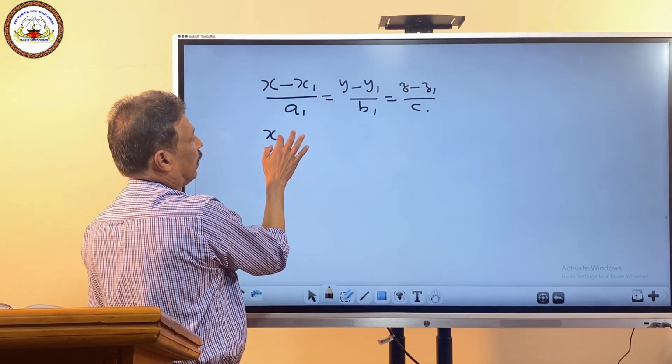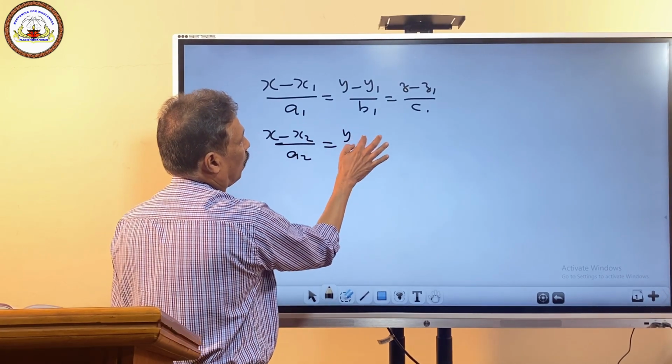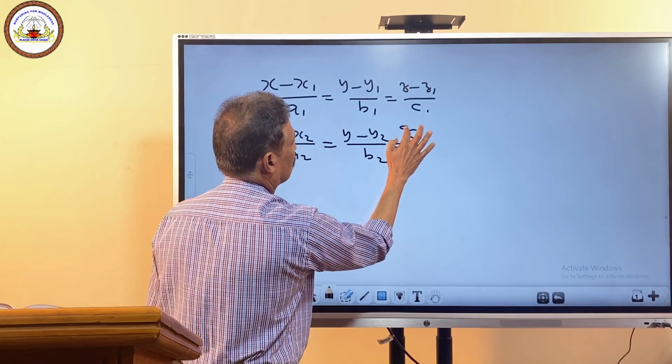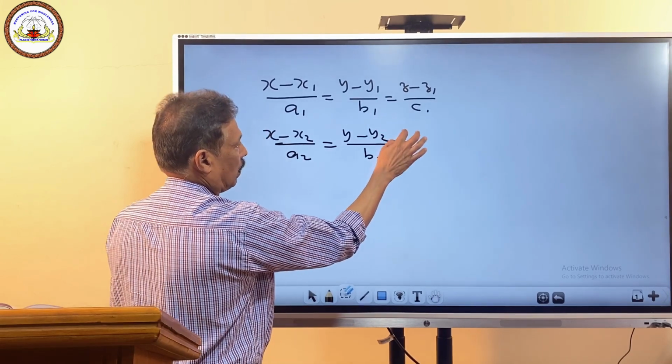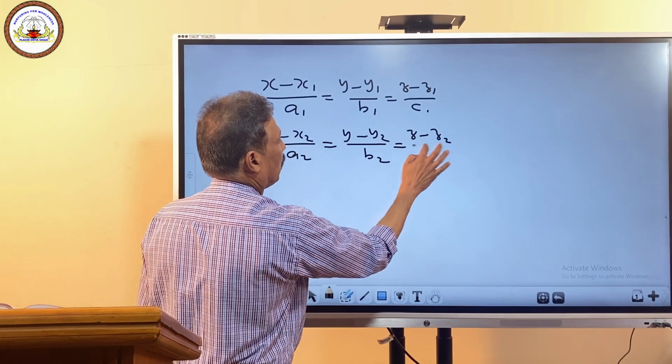The second line is x minus x2 by a2 equal to y minus y2 by b2 equal to z minus z2 by c2.